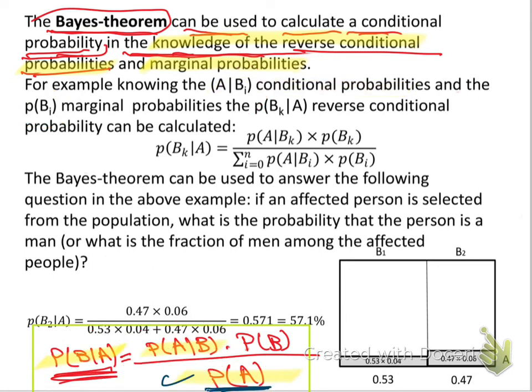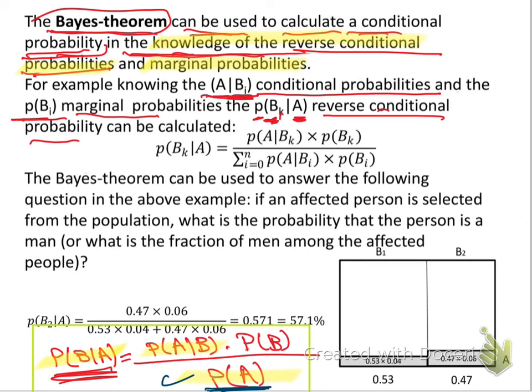Okay, for example, knowing the probability of A given B, the conditional probability, and the marginal probability of B, which is the last one, the probability of B given A, the reverse conditional probability, can be calculated.